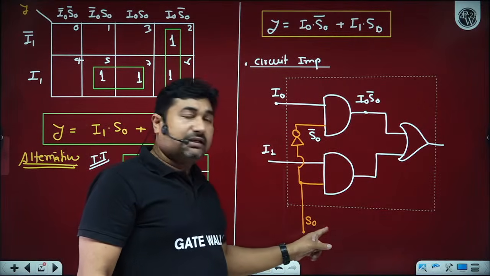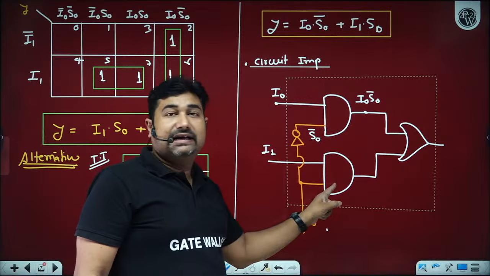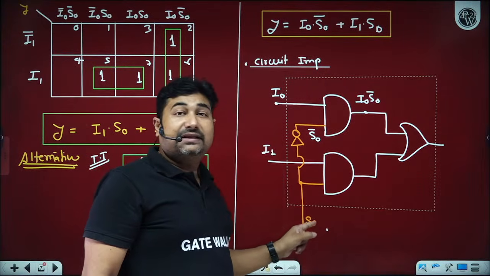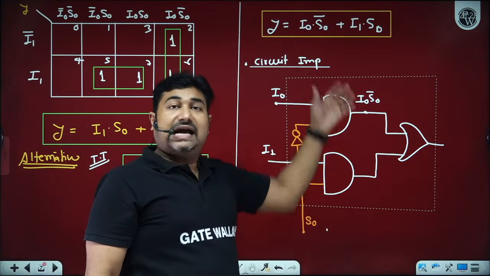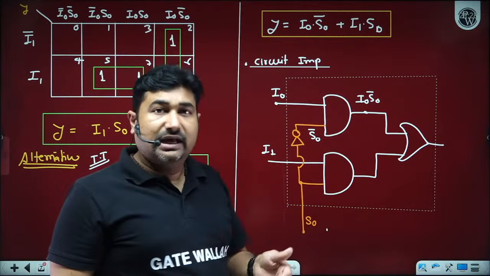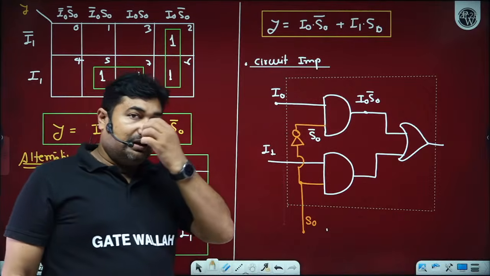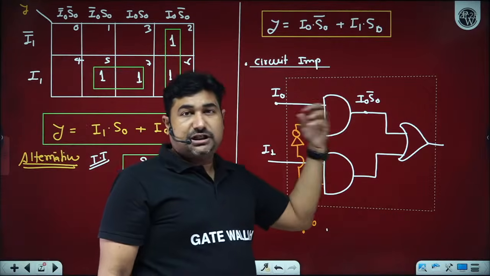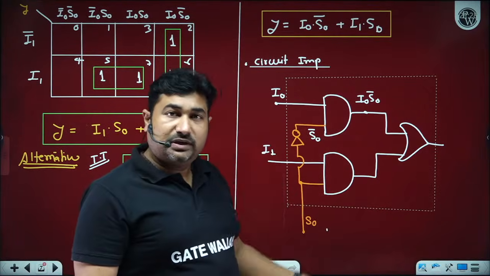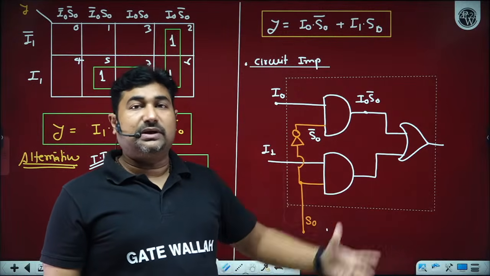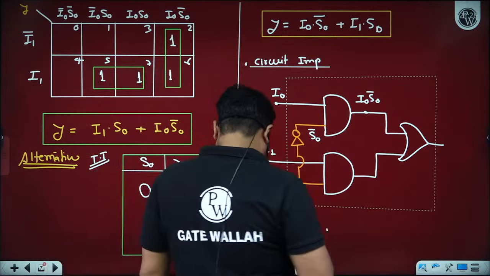If S0 equals 1, then this AND gate gets enabled. So the select line enables one of the AND gates in the circuit. Basically, select lines enable or disable gates depending upon which input needs to be selected at the output. Accordingly, it enables that particular AND gate. Is it okay? Great, sir.